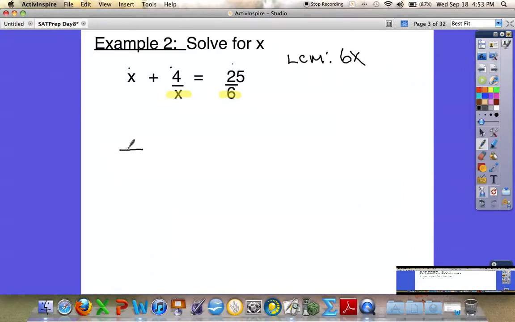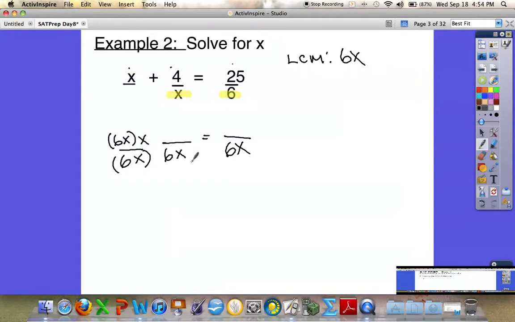So if I were to go back and rewrite this equation as something divided by 6x in every term, what I need to do is say, well, I didn't have anything in this term, so I had to add the 6x on the bottom. That means I have to add the 6x on the top, because 6x over 6x just goes to 1, and that term would still be x.